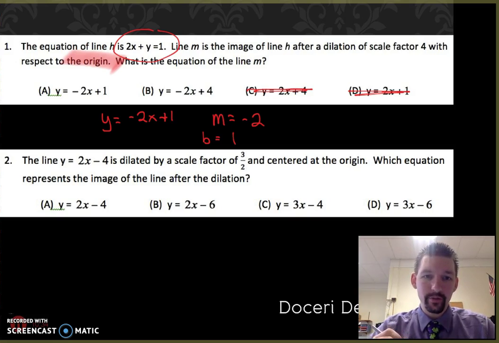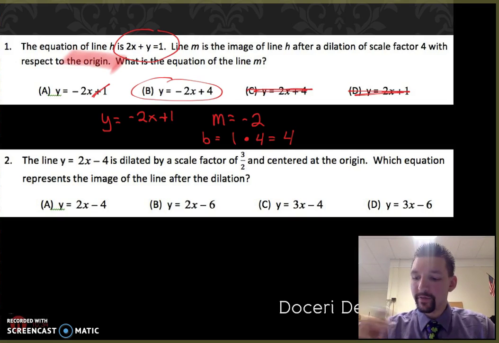But because we're looking from the origin, we're going to be 4 times as far away. So we're going to multiply that by the scale factor, which is 4. So our new y-intercept is actually going to be 4. Well, we have a y-intercept of 1 and a y-intercept of 4, meaning that choice B is the correct one because A does not have the correct y-intercept.